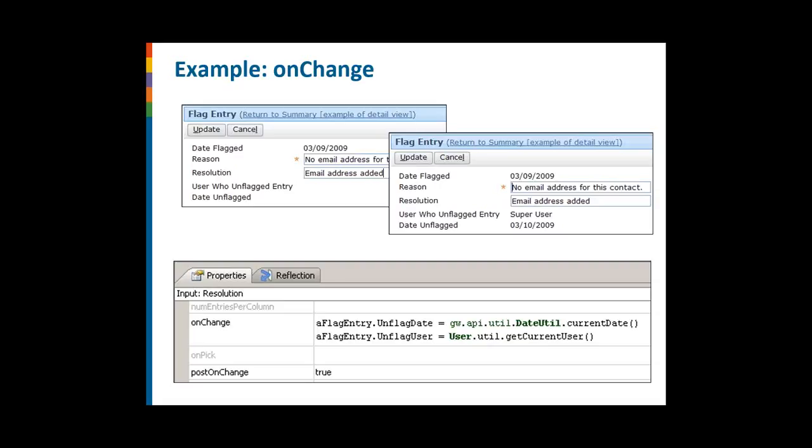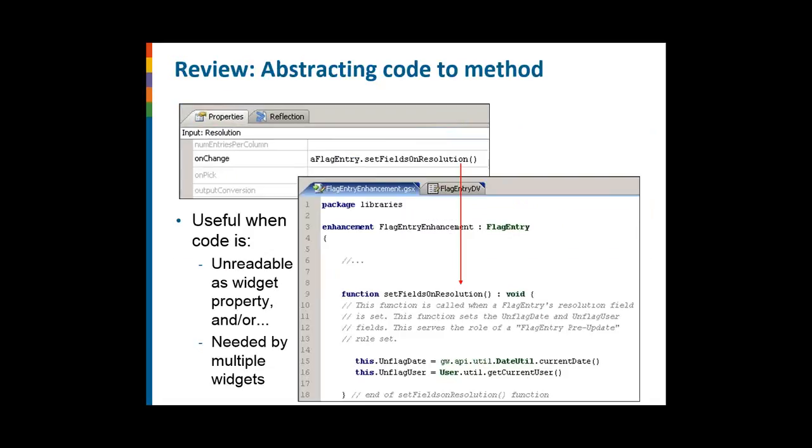You can do this in our case also. For example, let us have on change set to true. You can call the methods directly in the onChange also, like flag entry dot set fields on resolution.